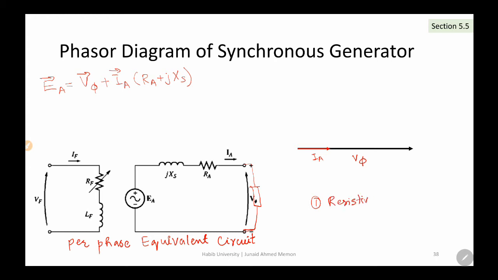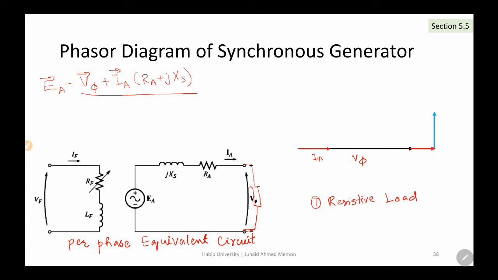We have a resistive load connected to the output of the synchronous generator, and we want to see how the net phasor diagram looks, and we'll draw conclusions from there. The current flowing in the winding is in phase with V phase because it's a resistive load, and now we can apply this equation to get EA.